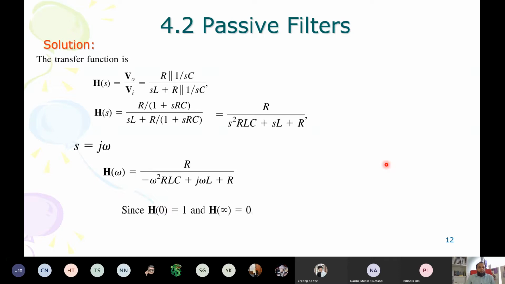In this case, when you put omega equal to 0, this is 0, this is 0, it's R upon R, means 1. Similarly, if you put infinity, something upon infinity is 0, so 0. This means this is a low pass filter.